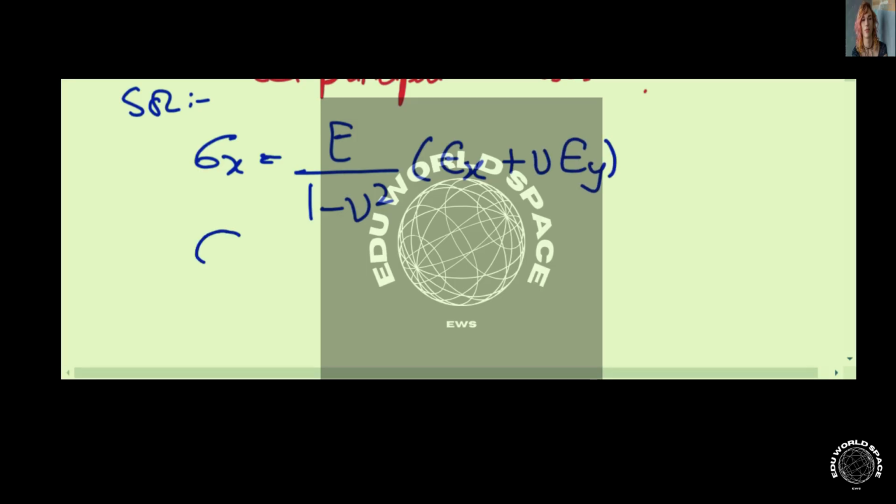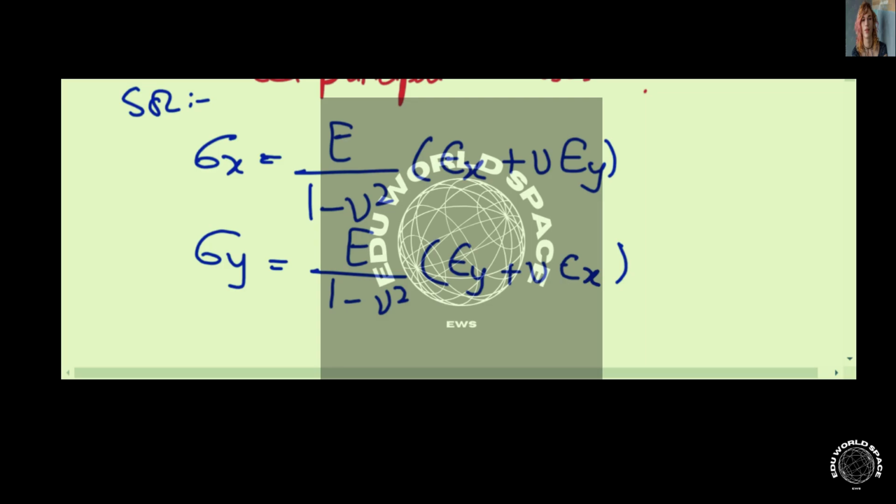And for the y direction stress, we have E divided by 1 minus epsilon square, parenthesis, the strain for the y direction plus epsilon into strain for the x direction.